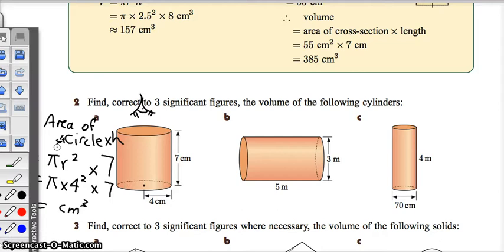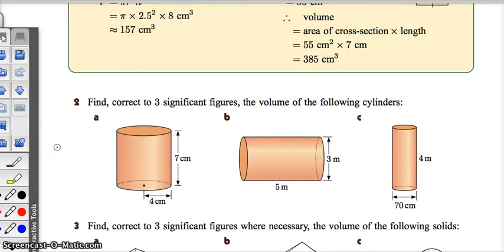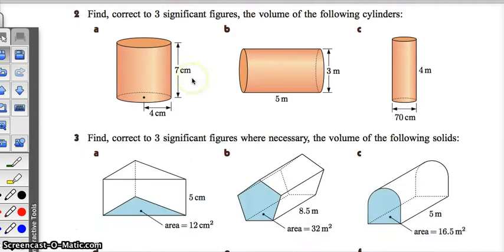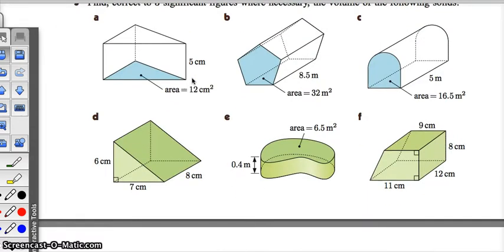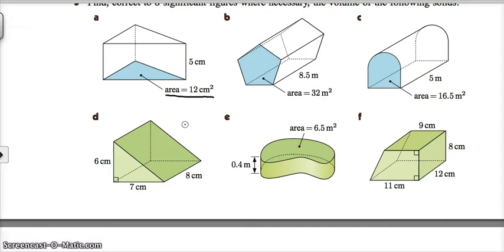Right. Now, if I remove that and we go back to the question we were doing, what do you need in order to solve this one? The area of the cross section, the area of the triangle, and it's given for you. So with these ones, they're very simple, Liam.